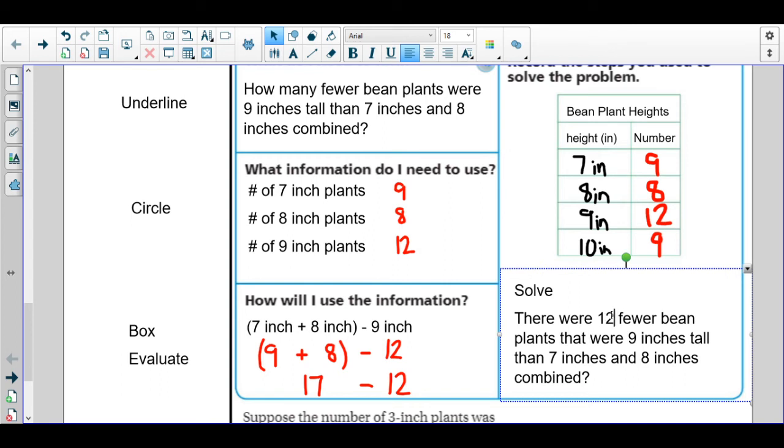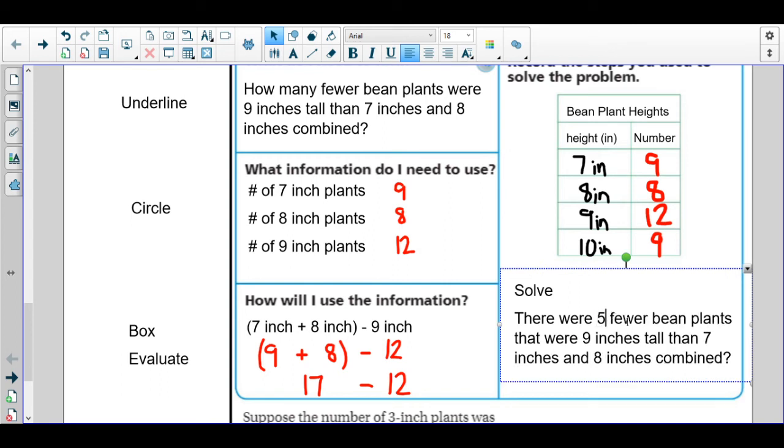No, there were 5 fewer bean plants that were 9 inches tall than the 7-inch and 8-inch bean plants combined. All right. So right here, that ends up being the answer right there. 5 fewer.